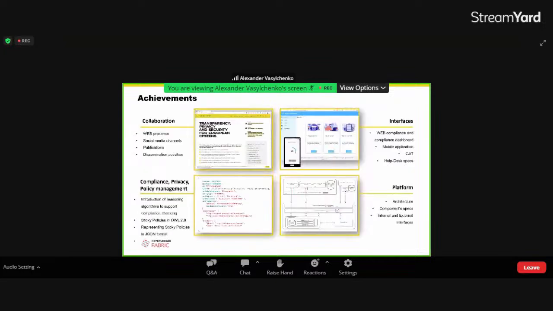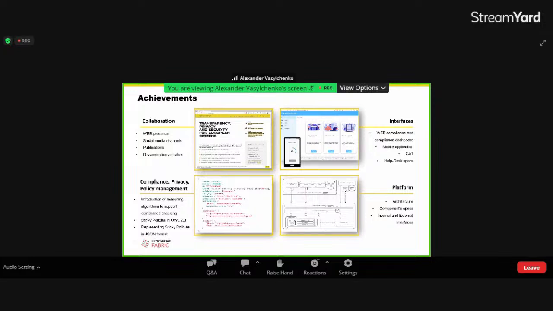So what we have so far in the project, we have established a strong web presence with the social media channels. We have a number of publications and dissemination activities. End of April, we are also planning a big Trapeze event in the south of France. So if any of the projects or anyone is interested to participate, please reach out to me.